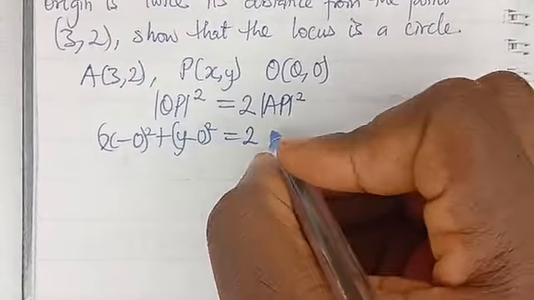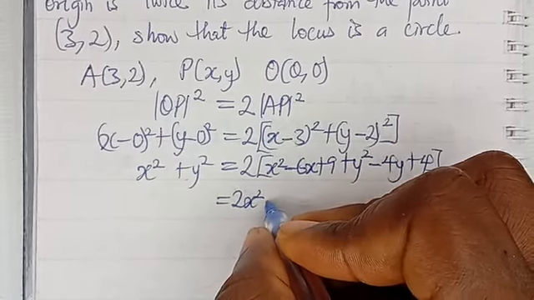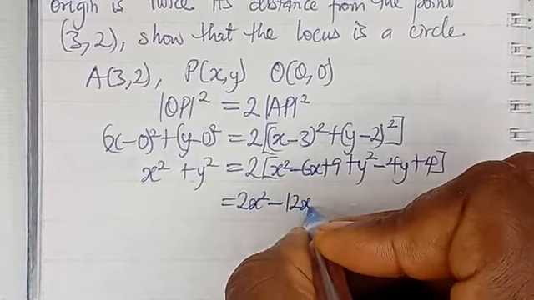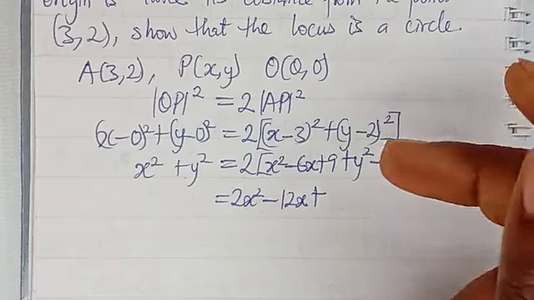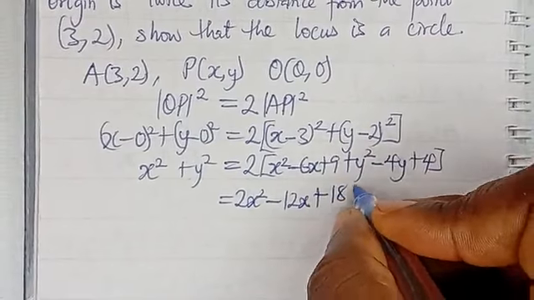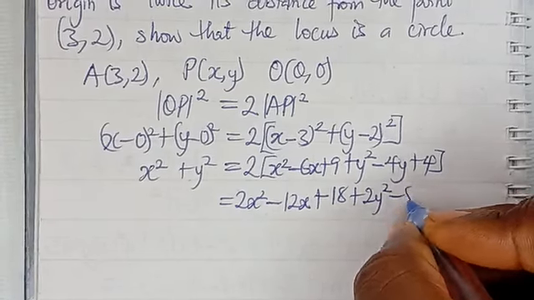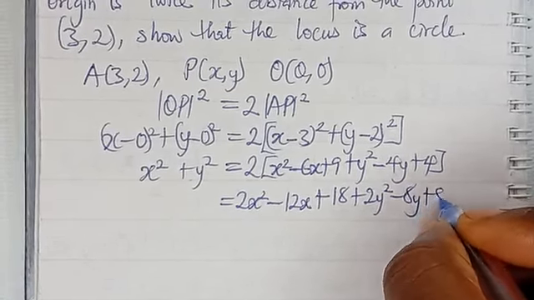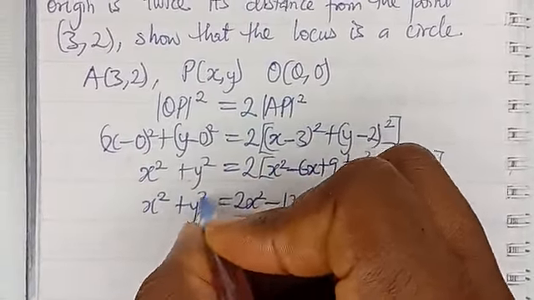Is equal to 2x squared minus 12x plus 18 plus 2y squared minus 8y plus 8. So that's equal to x squared plus y squared.